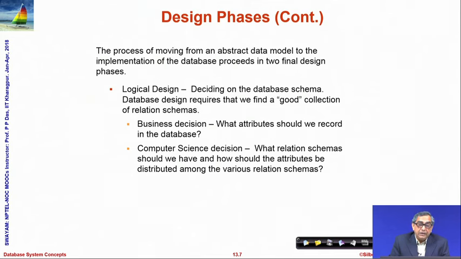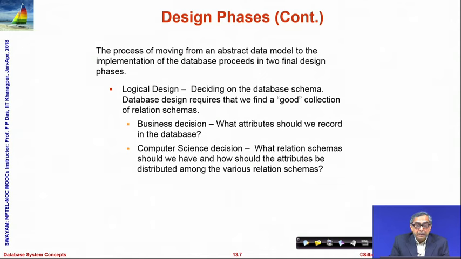In the process of logical design, we will first decide on the database schema. We need to decide what is a good schema. There are principles to say what is good and what is not so good. We need to make business decisions to find out which attributes we record in the database.